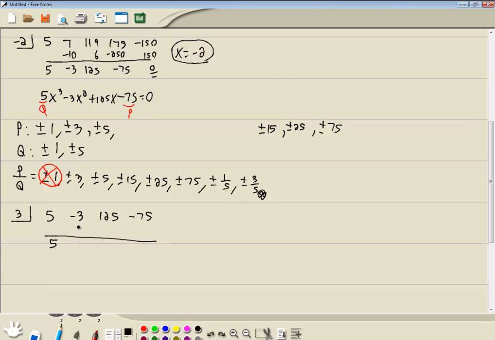So I'll add, multiply, add, multiply, add, multiply. And I know that's not going to give me 0. At the point where you see that, 3 times 161 plus negative 75 is not 0. So 3 doesn't work. So let's go to negative 3.